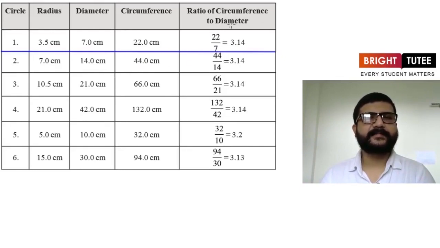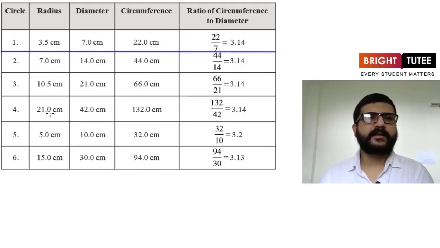So again the ratio of circumference to diameter is 3.14. Now let's see the next part. Here we are having a circle of radius 10.5 centimeters and diameter will be twice of it, so it is 21 centimeters, and its circumference came out to be 66.0 centimeters. And when we find the ratio of circumference to diameter, then it came out to be 3.14 again.